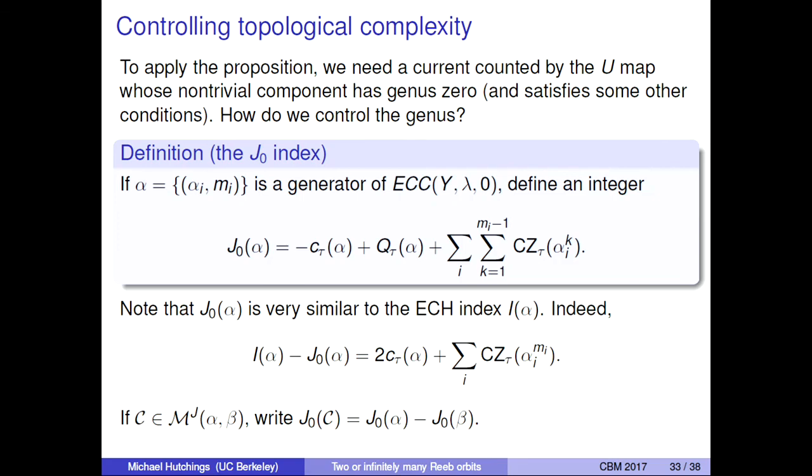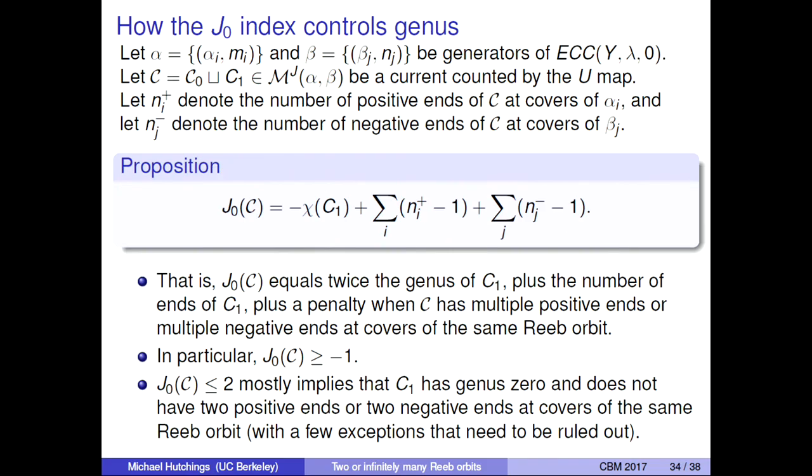So if the symplectic action is not too big, then this number J0 is close to the grading. And all of these U curves that we're counting have grading difference 2. That means the holomorphic curves we expect to have J0 close to 2.